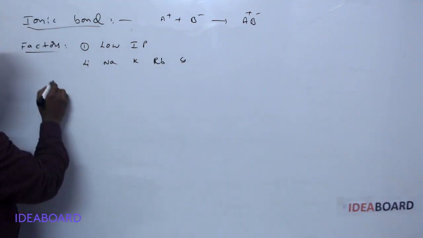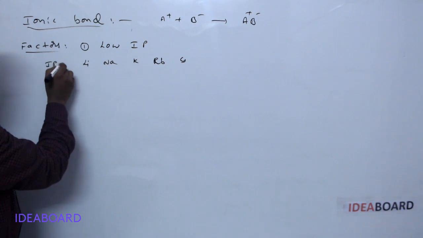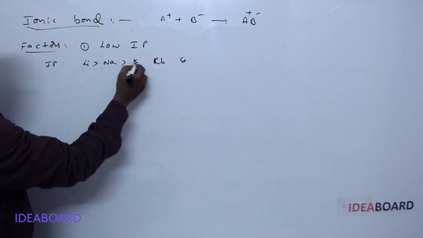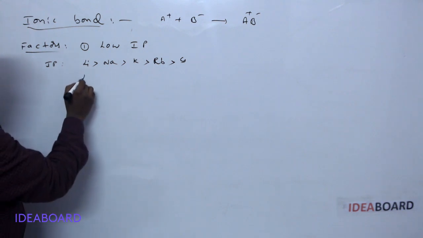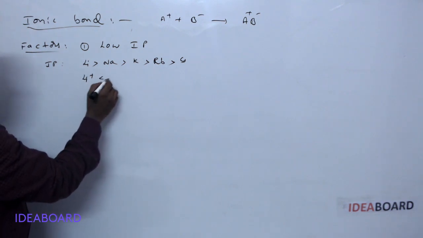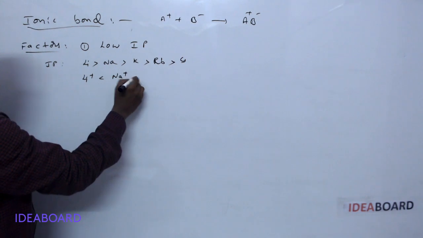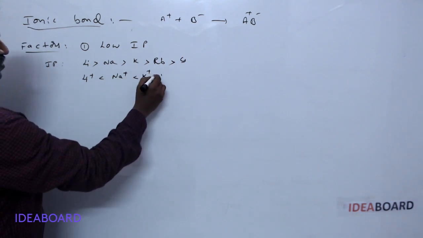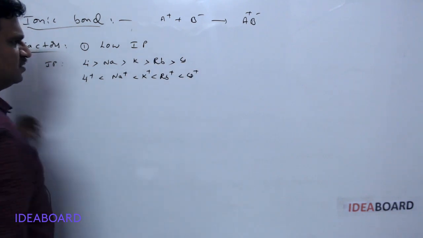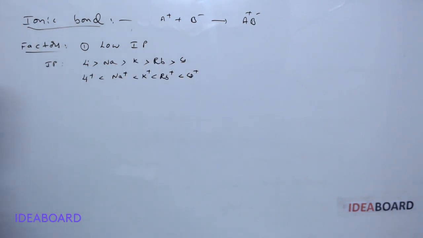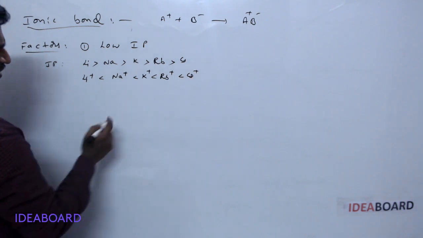In these, from lithium to cesium, the IP values decrease. So for cation formation ability, Na plus, K plus, Rb plus and Cs plus, this cesium plus ion is easily formed compared with lithium plus.